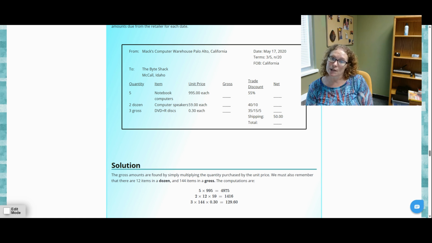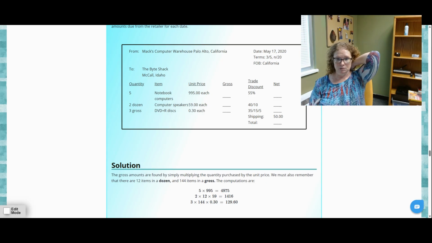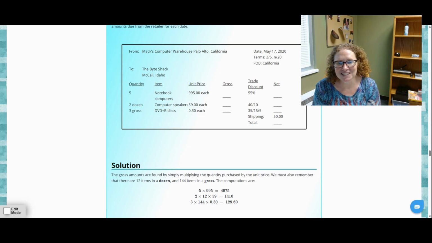Remember, 2 dozen is 24, so we're not multiplying by 2 or 12. We're multiplying by 24, or 24 times 59, which would give you the gross. And then you've got a gross, that is a measure of quantity, and a gross is equal to 144 items.